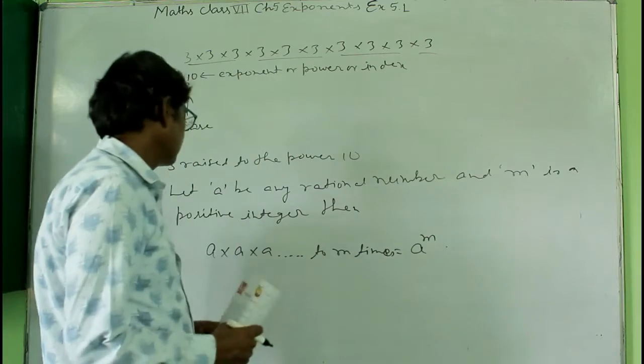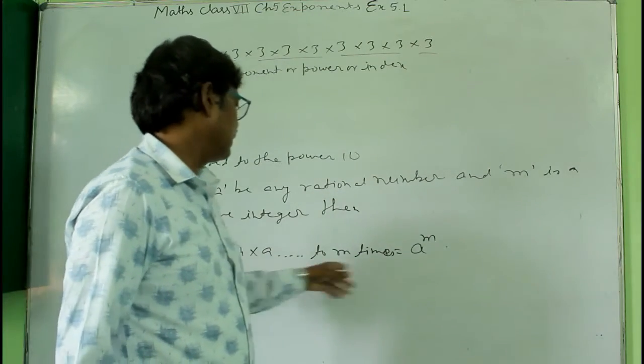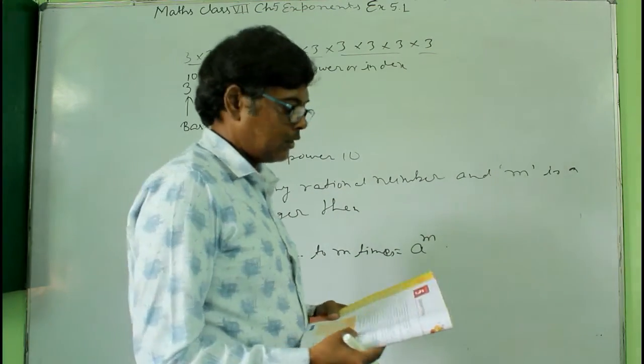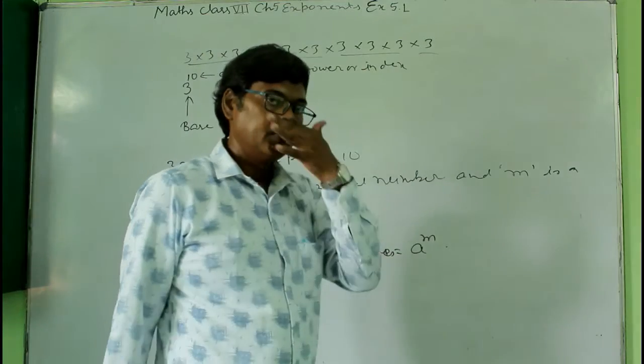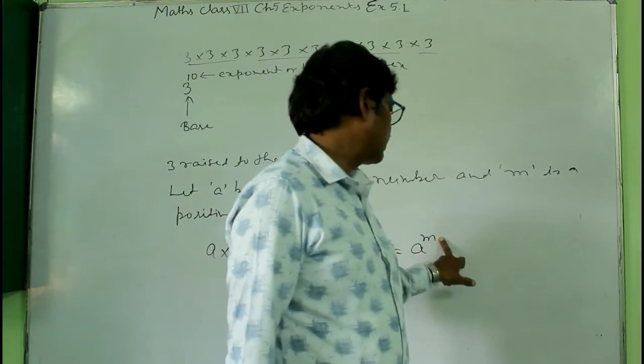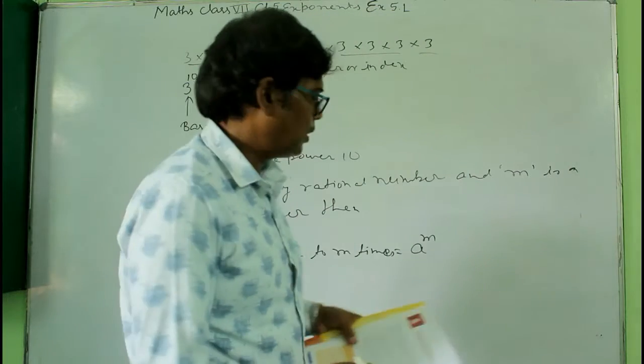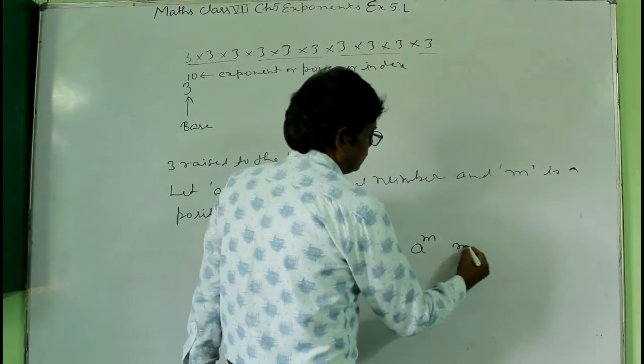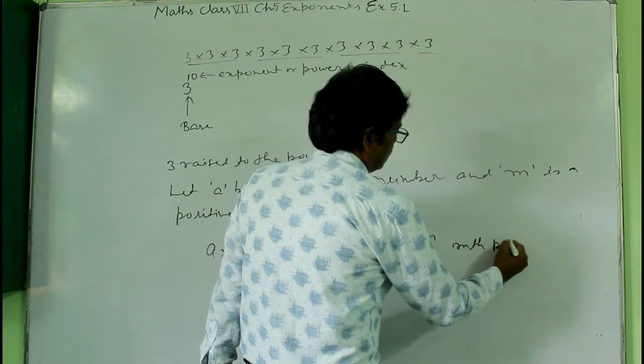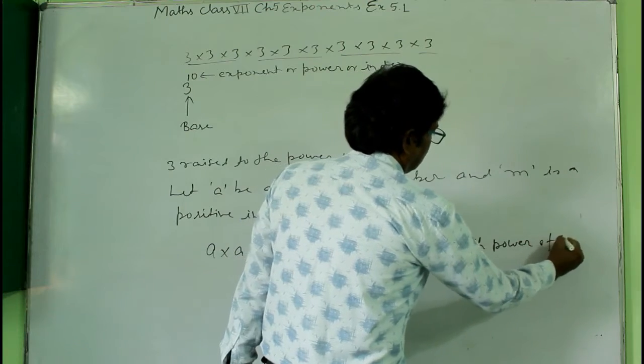When you have a, m times, we write this as a to the power m. Here m is the exponent and a is the base. It is read as the mth power of a.